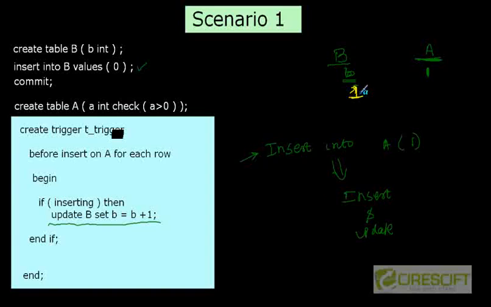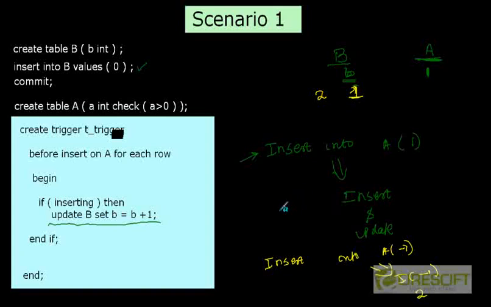Then let's try to insert into A the value -1. This is equivalent to an insert of -1, and before the insert I'm going to do this update. Now the value of B is 1, and the update will make B 2. So first the update happens, and because of the update this becomes 2.